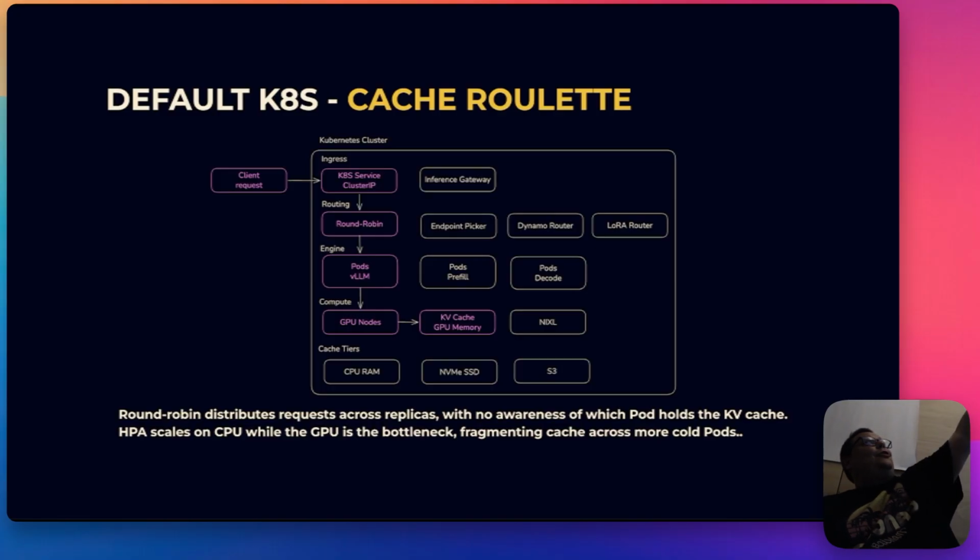I call it the cache roulette, what we saw at the beginning. All the projects we're going to see in a bit started because of this. Because in Kubernetes you get the cache roulette, because nothing is aware of how the KV cache can be bound to other pods, how the traffic can come to the right pods.